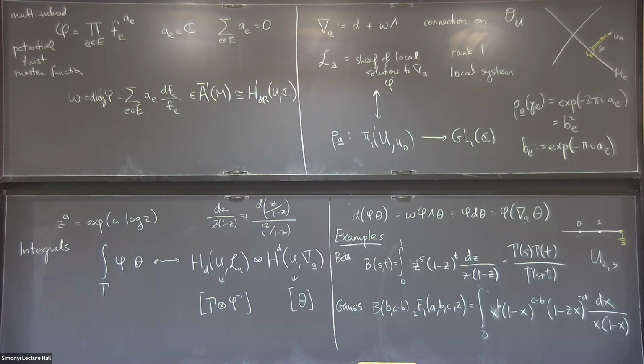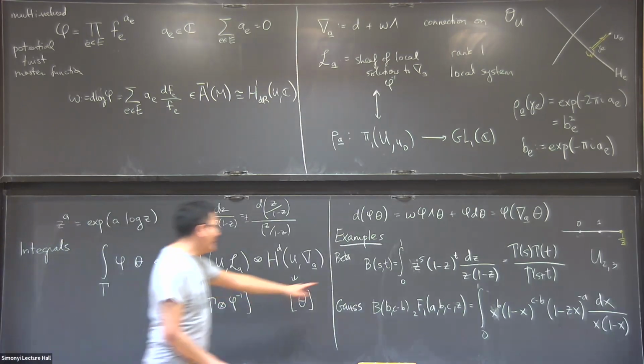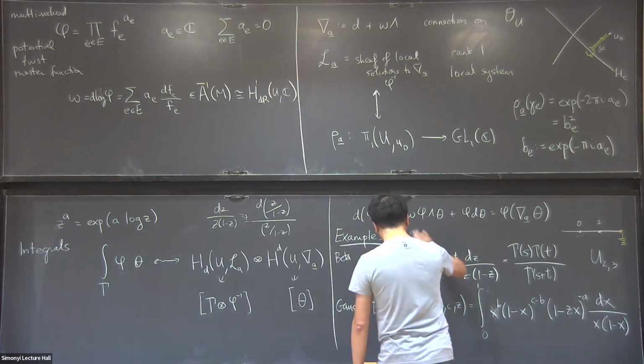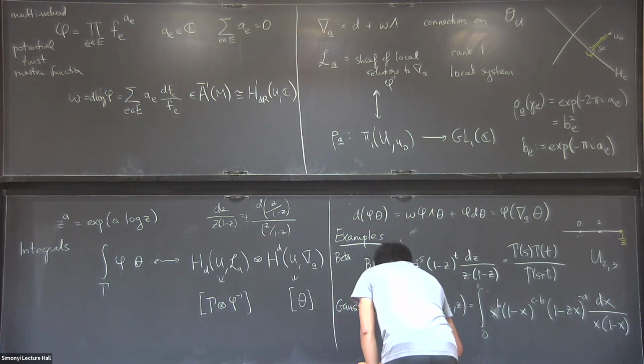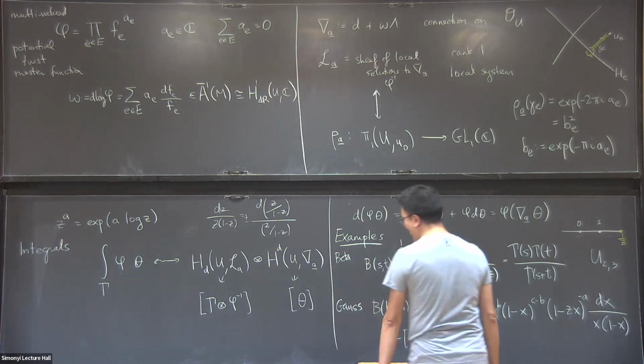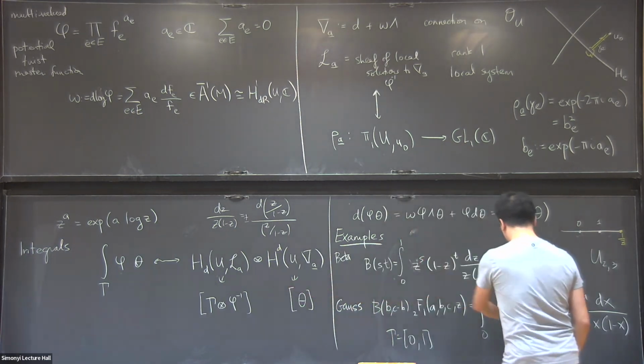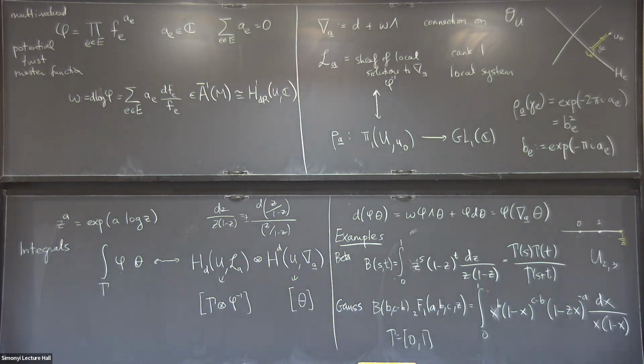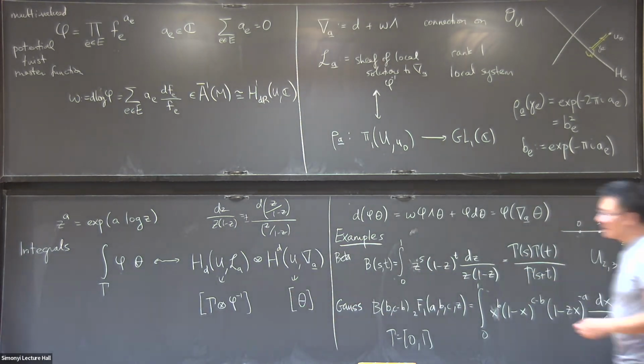What is gamma in this situation? Oh, sorry, gamma here is the interval 0 to 1, in both examples. And then the twist is this thing, and the form is an element of the Orlik-Solomon algebra.